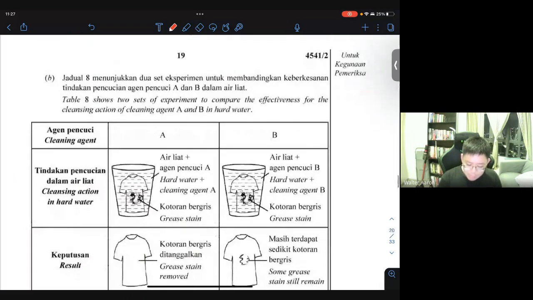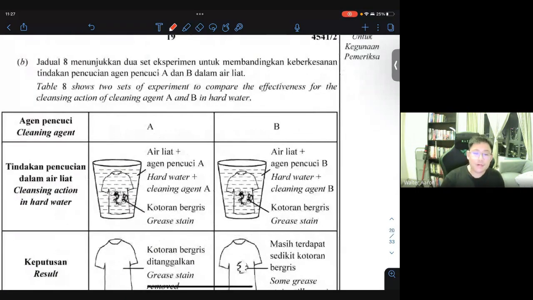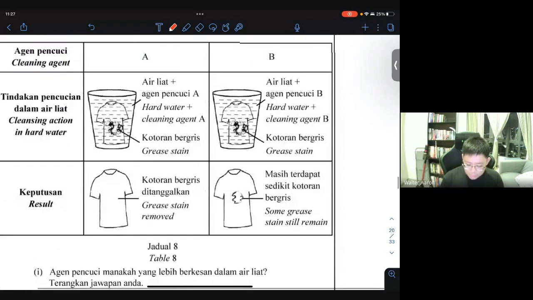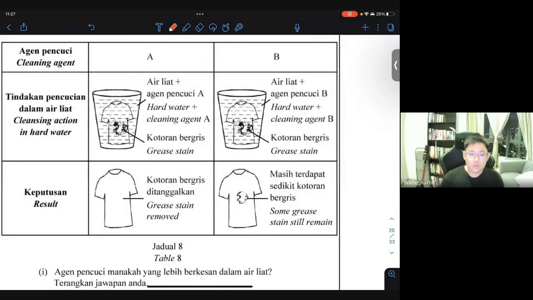Next, they ask you about the effectiveness of the cleansing action of agent A and B in hot water. For A, you use hot water to wash the clothes, and after the washing process, the grease stain is removed.